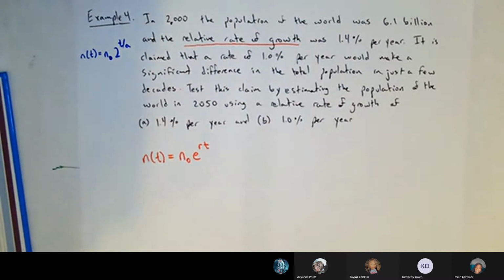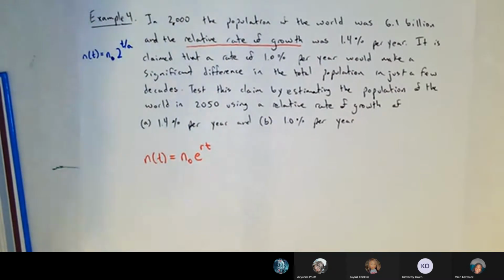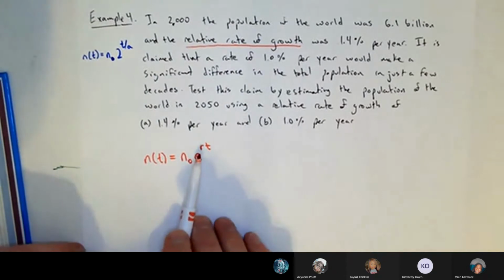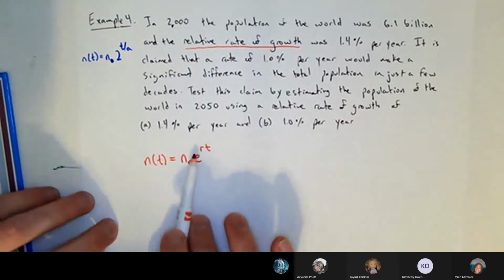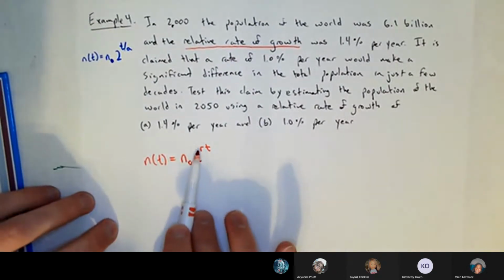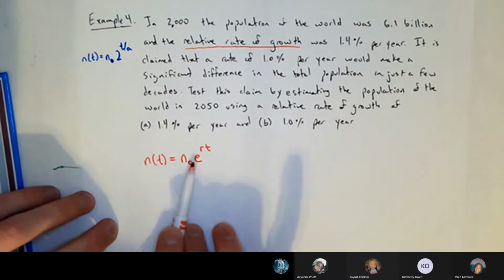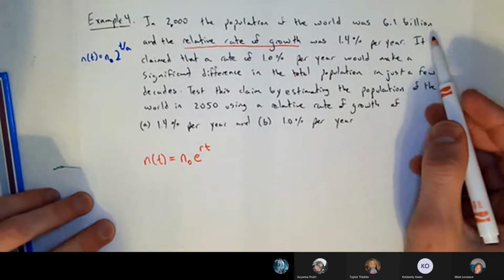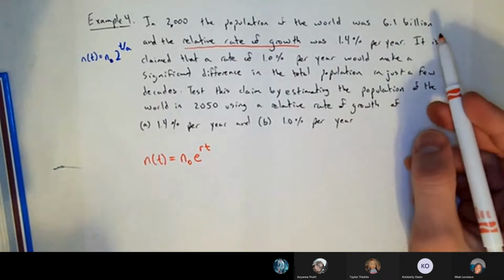But that's not what's happening here. That's why I stuffed it up in the corner. We're not using that one. We're going to use this one, where r is going to be our percentage that was given that we'll have to turn into a decimal, and n sub 0 or n naught is going to be the initial population, which in this case is 6.1 billion.